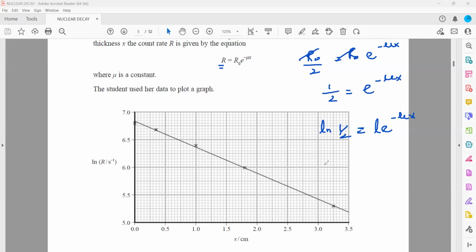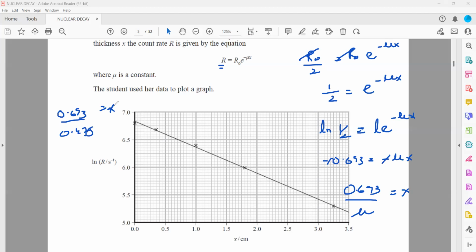Ln and e will cancel, and ln half is equal to minus 0.693, and that is minus mu x. Negative will cancel the negative, 0.693 divided by mu is equal to x. And the value of mu, we already worked out, was 0.475. So 0.693 divided by 0.475 will give us the value for x.